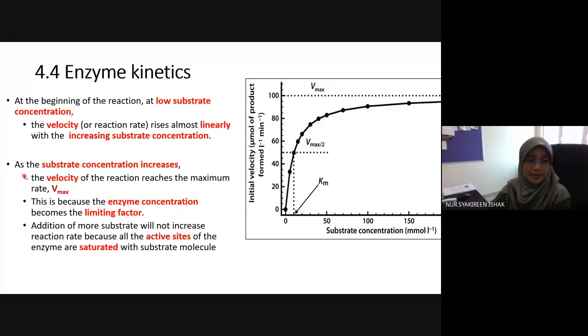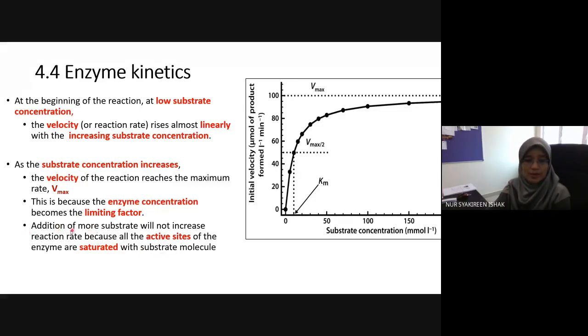But as you start to increase the substrate concentration, the rate of reaction reaches its maximum rate of reaction, or Vmax, maximum velocity. This is because the enzyme concentration is now the limiting factor. All of the active sites are now saturated with substrate.